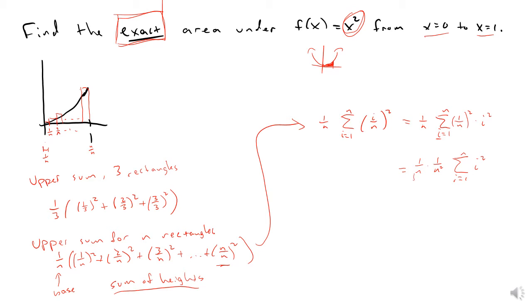Now obviously 1 over n times 1 over n squared simplifies to 1 over n cubed. And we have a nice formula for the sum of i squared for i going from 1 to n. The formula that we got from that previous video was n times n plus 1 times 2n plus 1, all divided by 6.